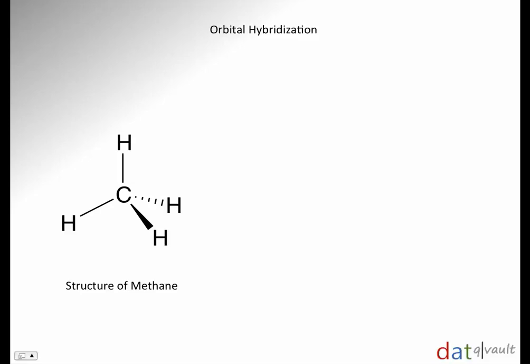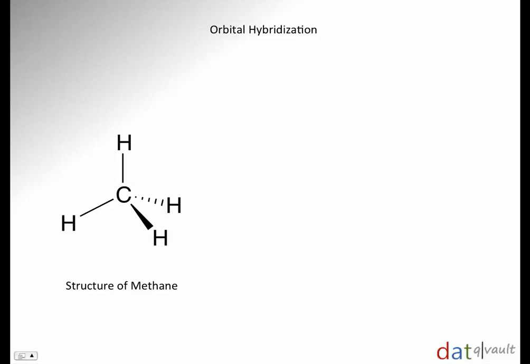So again, we're going to start with the structure of methane when we're learning about orbital hybridization of carbon, as it's just commonplace to start out with the most simple carbon molecule. So here we have the structure of methane. Let's talk about methane for a minute. We all know that methane has 4 bonds to hydrogen.